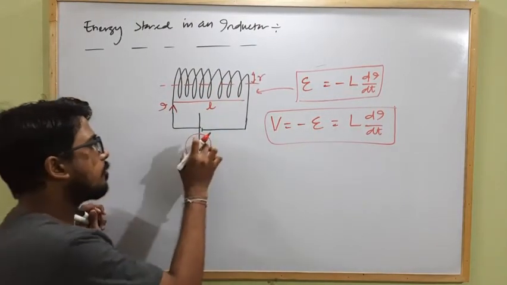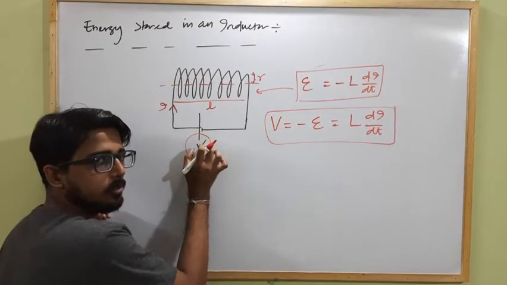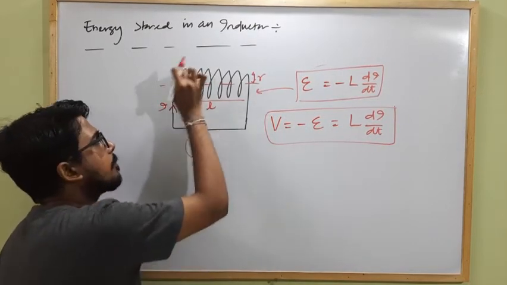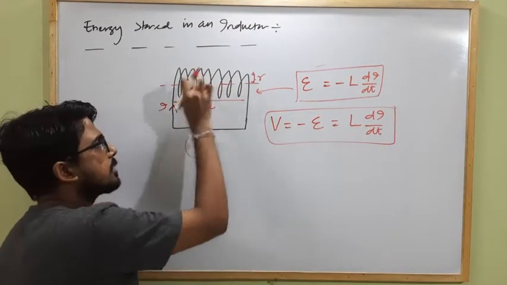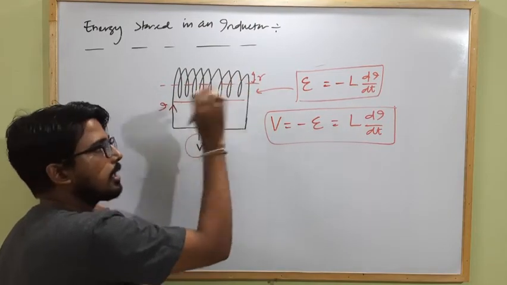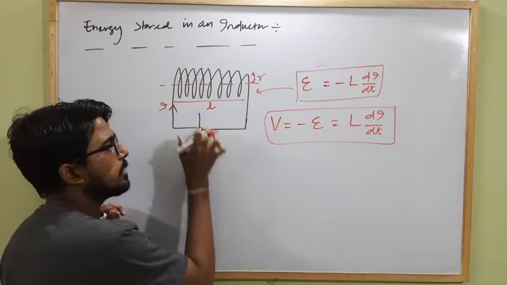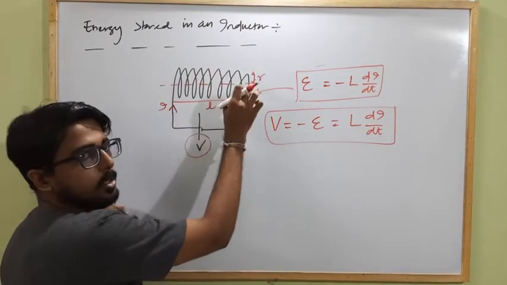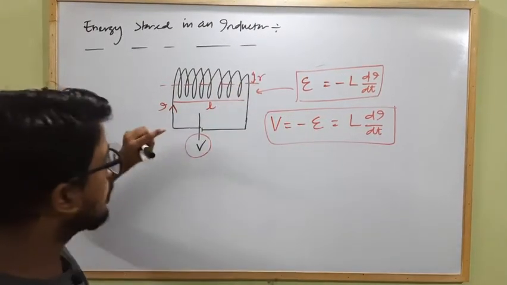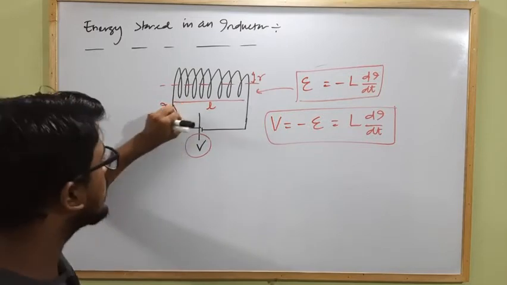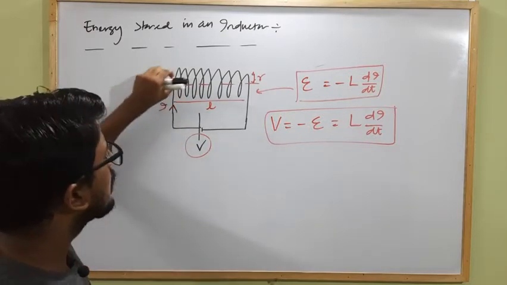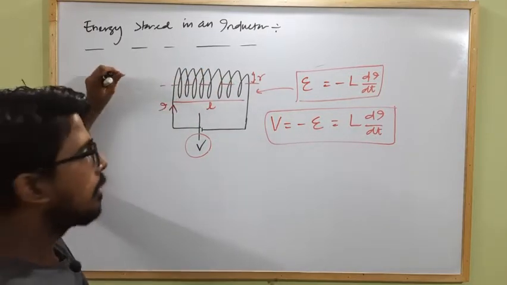So what will be the amount of work done by this external source to allow a very small amount of charge, because as there is an opposition, this is the minimum amount of energy or potential used in this circuit to overcome this opposition. So what is the work done by this external source to send a small amount of charge through this inductor?